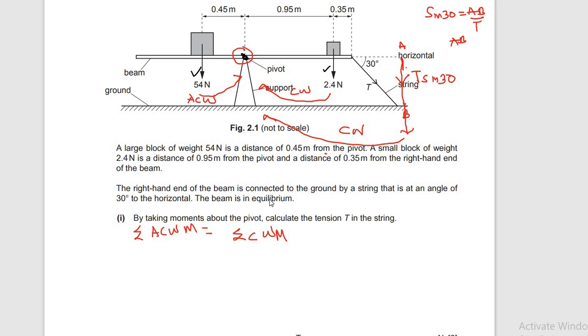Moment is force times perpendicular distance, don't forget. So 54 Newton toward the pivot is 54 multiplied by the distance between 54 and the pivot, 0.45, equals the distance between T sine 30 and the pivot, 0.35 plus 0.95, it covers both of them, plus the distance between 2.4 Newton and the pivot, which is just 0.95.